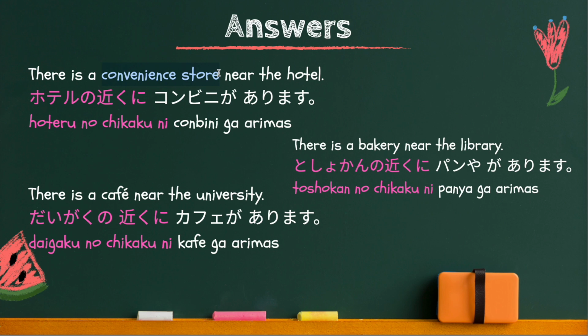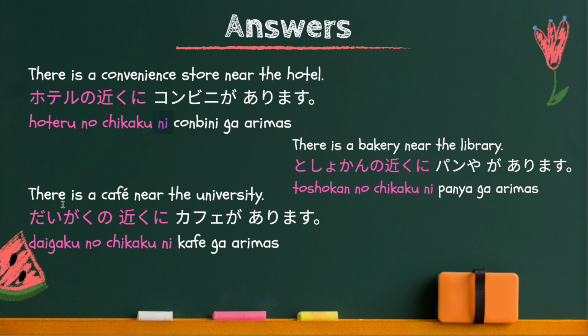Then the location is this, near the hotel, which is ホテルの近く。近く is a location word meaning near, close to. Therefore, it should come after the no particle. And before the no particle, there should be a noun, ホテル. And this is where the convenience store exists, the location of being, therefore, you need to have the ni particle.